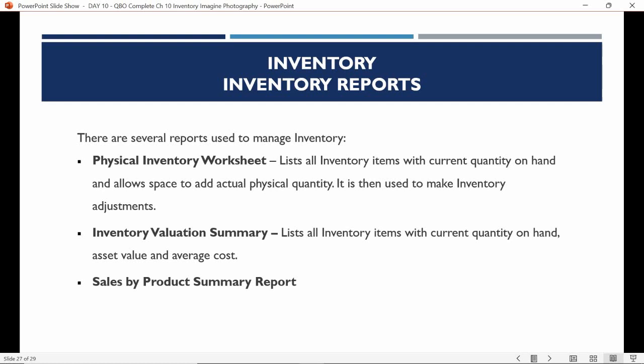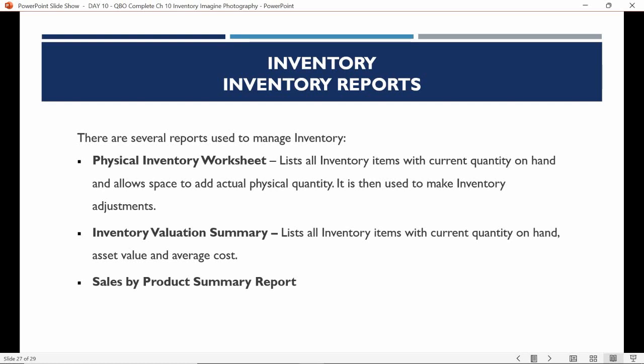So again, there are many reasons why you should keep a really good track record, and the best way is that they give you a physical inventory worksheet that allows you to match the QuickBooks Online numbers to your actual physical count numbers. Okay.